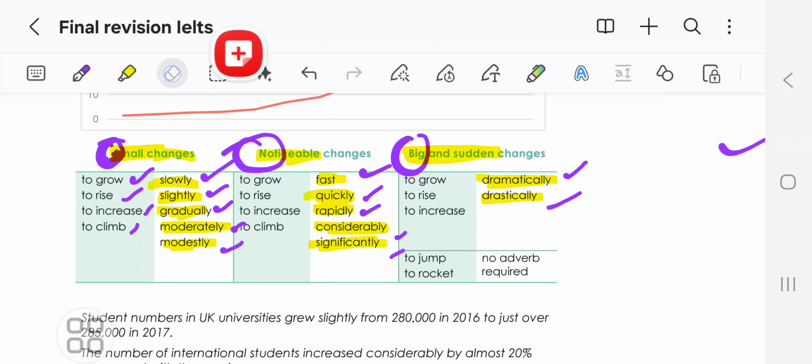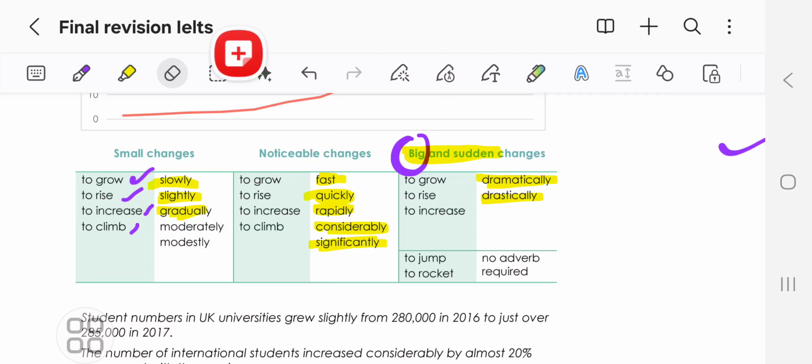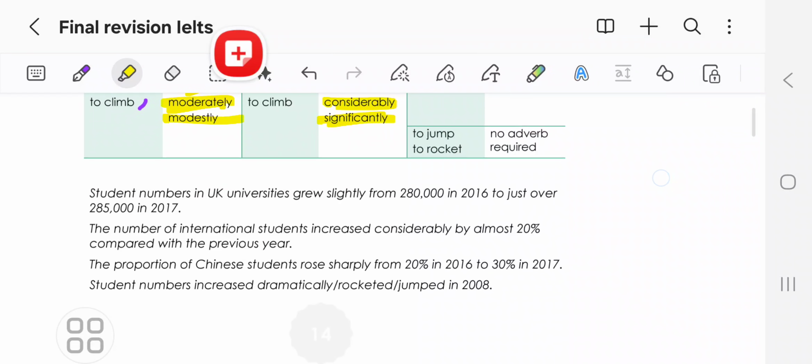Based on that, you can talk about different situations, small, noticeable, big, and address them accordingly. Some examples for you: student numbers in UK universities grew slightly from this to just over this.